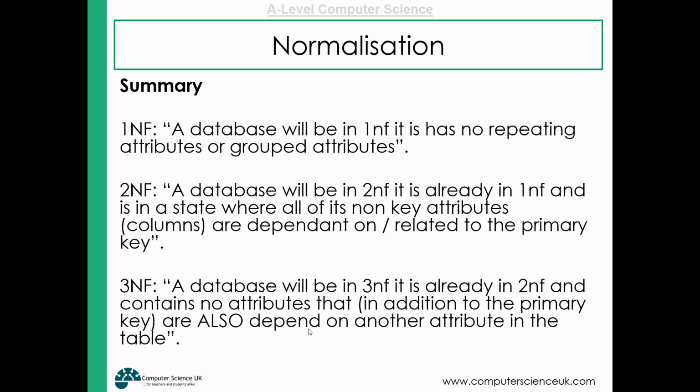And then third normal form is a very tricky step whereby we look at each of those tables that we've created in our relational database, and we ensure that each of those attributes don't, in addition to the primary key, also depend on another attribute in the table. And if they do, we split it up further.